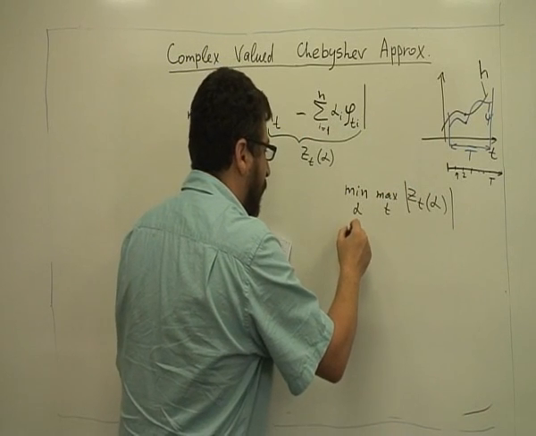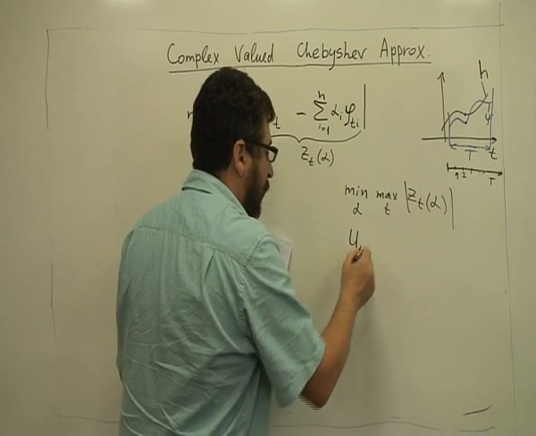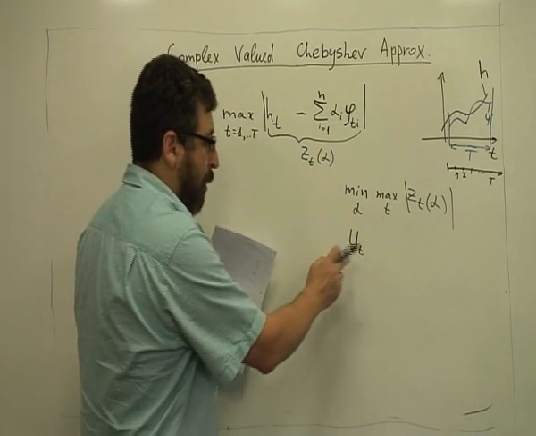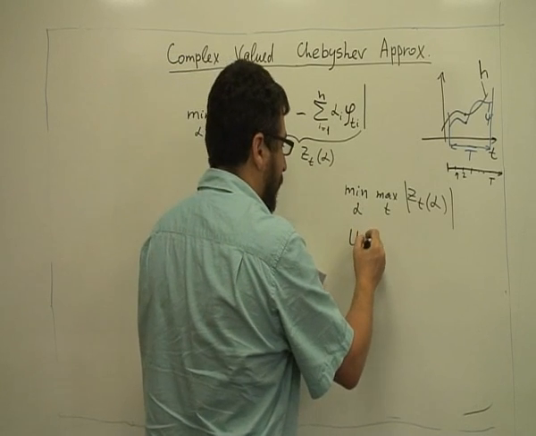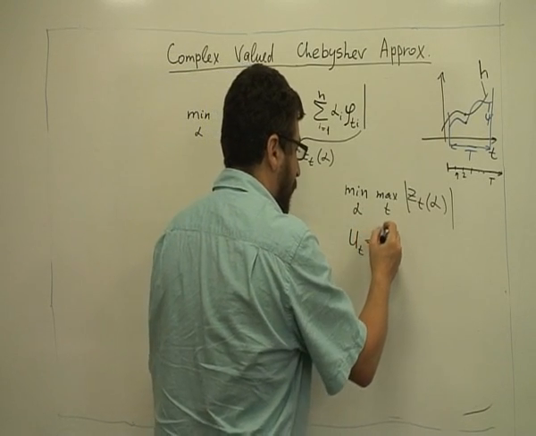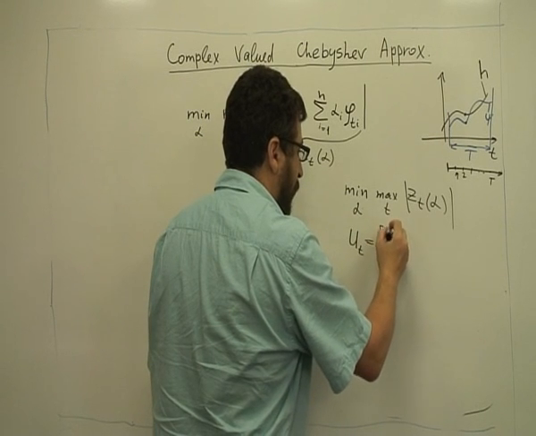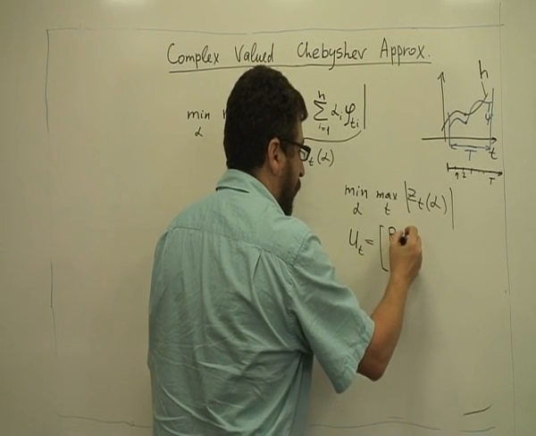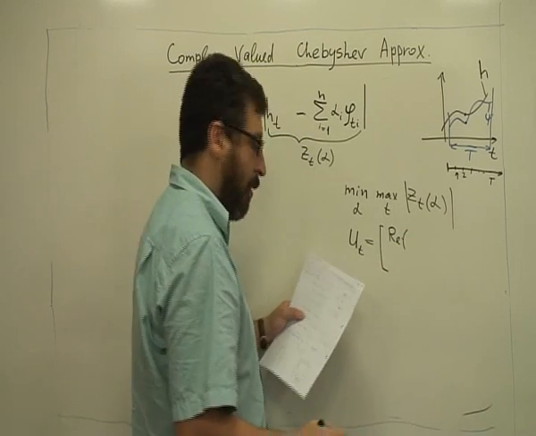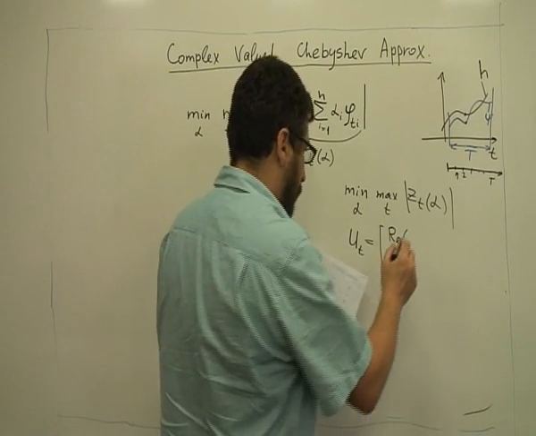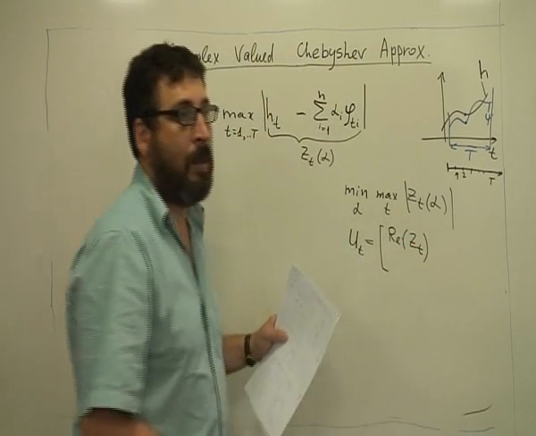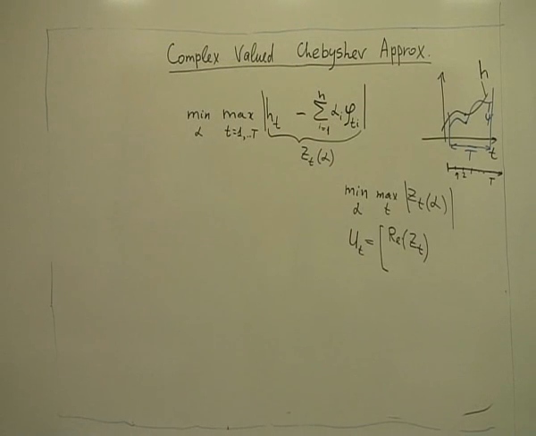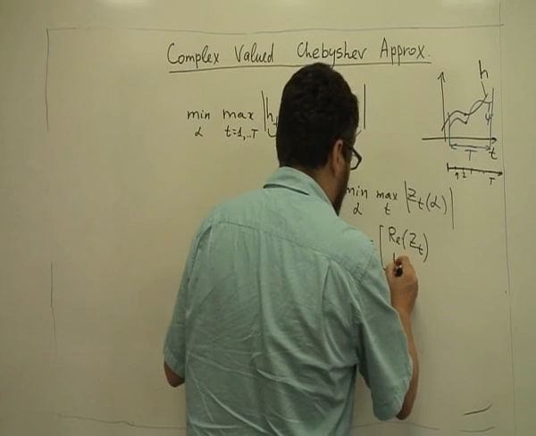So I will define these u_t, a number of these vectors, and each of them is a two-dimensional vector with components real z_t and imaginary z_t.